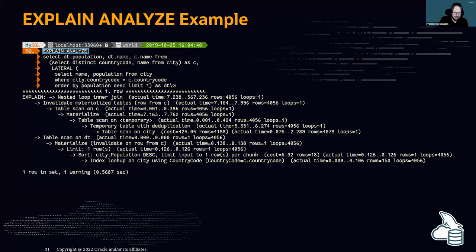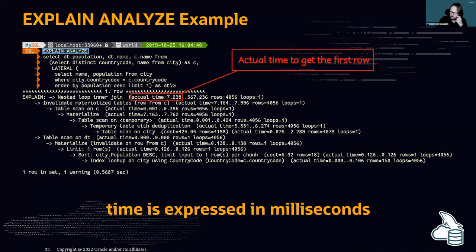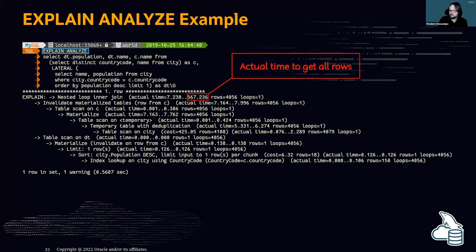So with explain analyze, this is a bigger example of the output. You can see here the actual time to get the first row. The first row took a bit more than 7 milliseconds to get. Then here, the actual time to have all the rows, so it's 567 milliseconds.